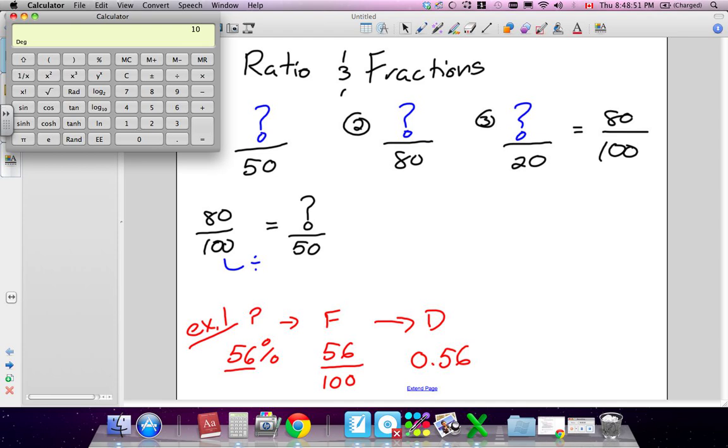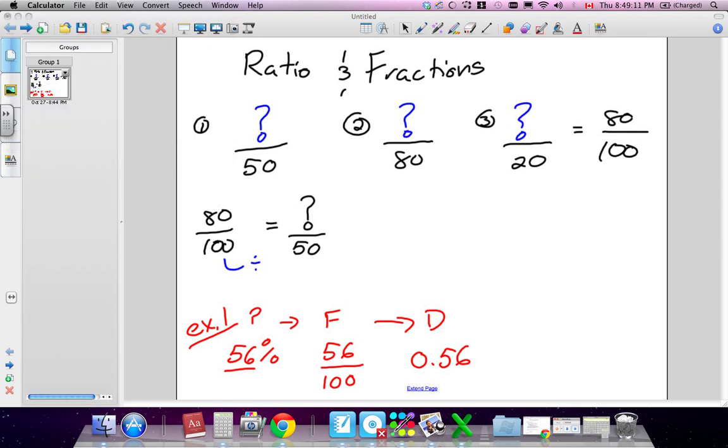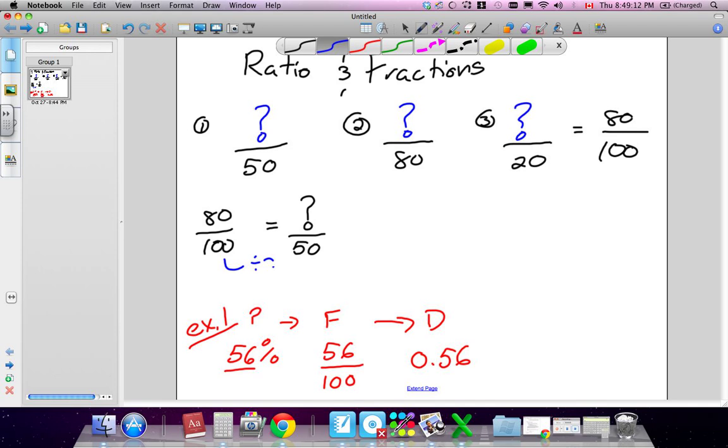Half. What fraction do we usually use for half? 1 over 2. That means we divide by 2. 100 divided by 2 equals 50. Or I could have just divided 100 by 50, which we found out earlier. So we do 100 divided by 2 equals 50.